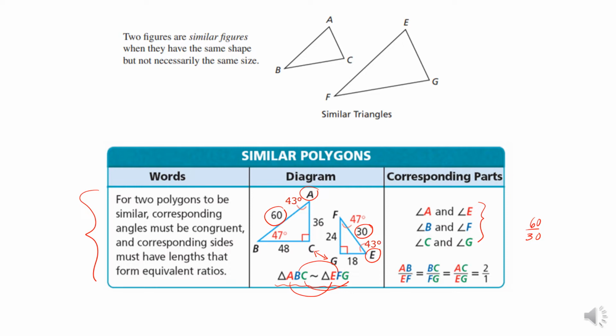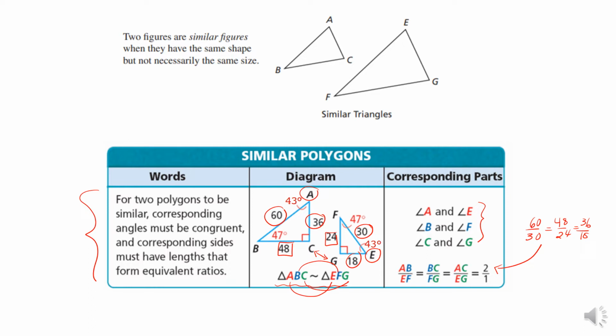So you would go 48 is to 24. And then the last one is 36 to 18. And as you can see, those are all equal. And they correspond to the proportion that was set up down there.